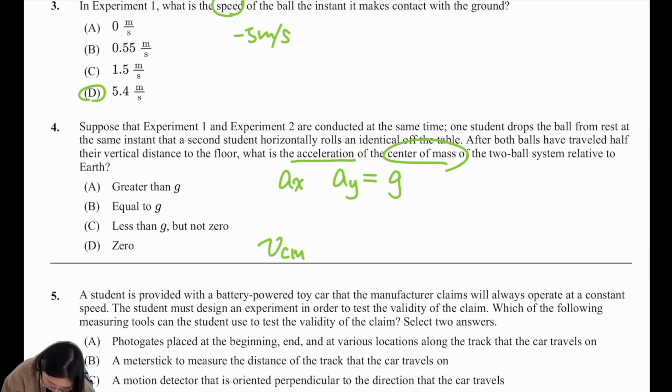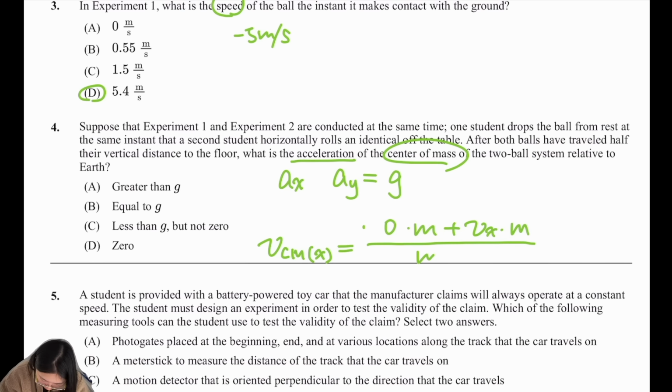Then the velocity of the center of mass in the horizontal component is equal to Vx of one ball plus Vx of the other ball, each times its mass. In experiment 1, the ball is not moving at all in the horizontal direction, so its horizontal velocity is always 0. Then I divide by the total mass, m plus m. So eventually this is 1/2 of the horizontal velocity of the ball in experiment 2.